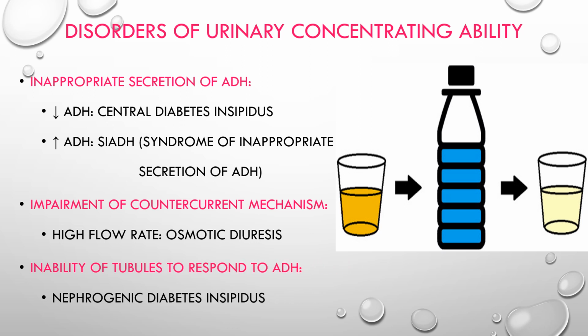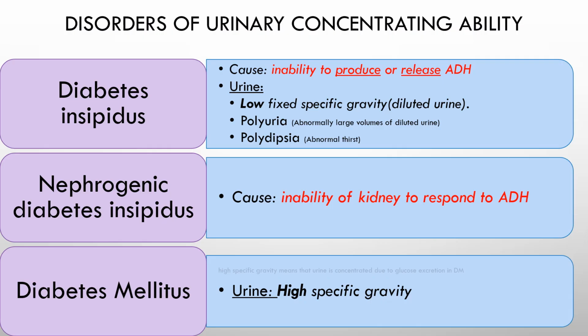Inability of the tubules to respond to antidiuretic hormone is called nephrogenic diabetes insipidus, where there is a receptor defect. So diabetes insipidus is the inability to produce or release the antidiuretic hormone.